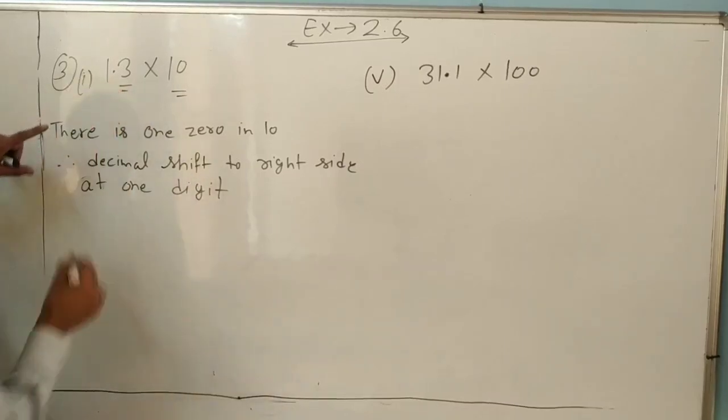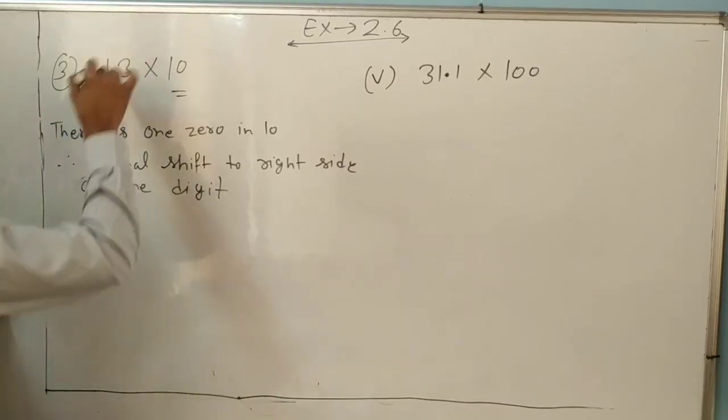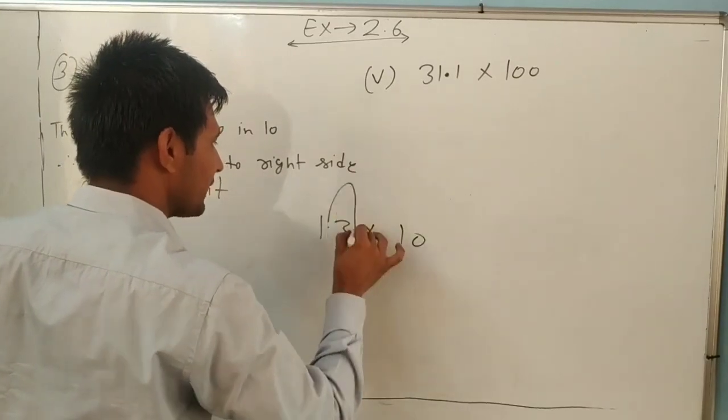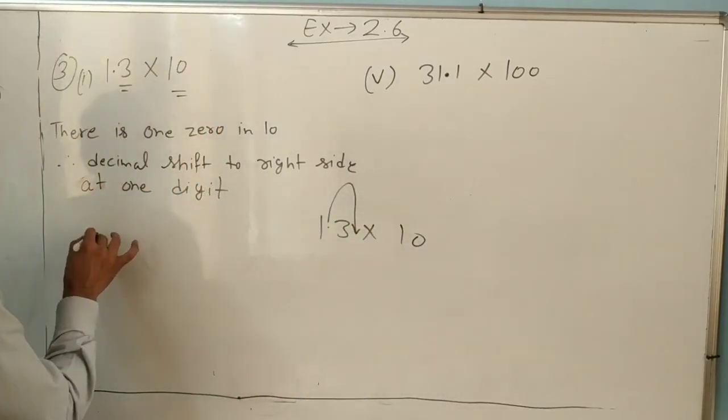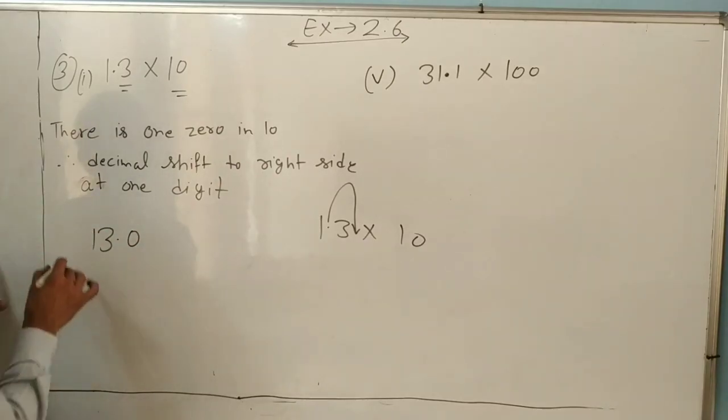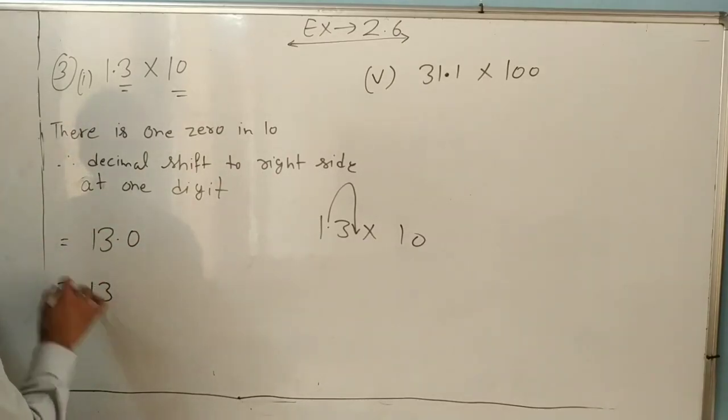So after 1 digit, the decimal in 1.3 into 10 comes here, so we write 13.0. What is the answer? 13.0, which means 13.